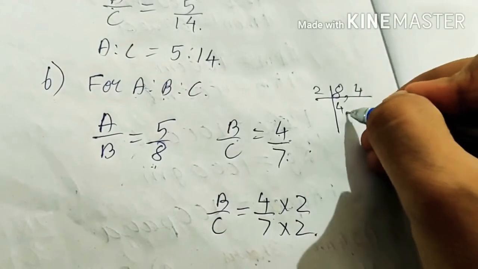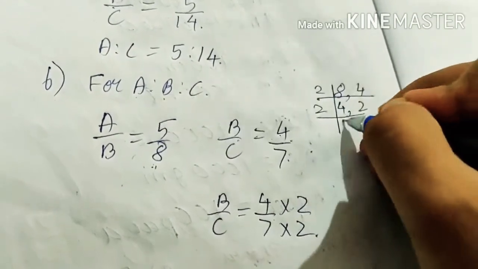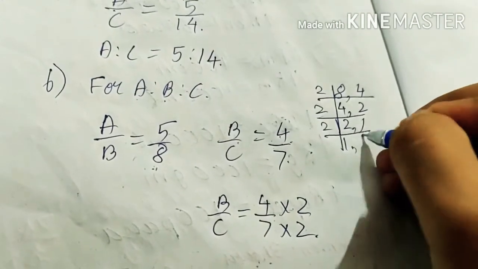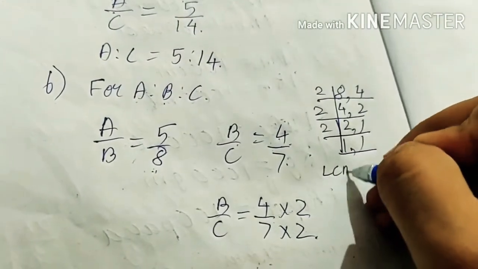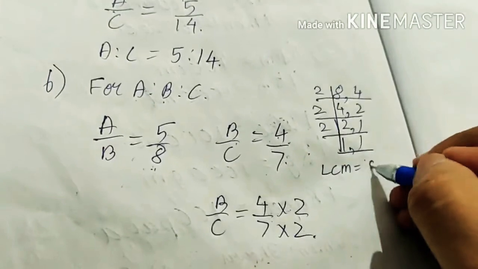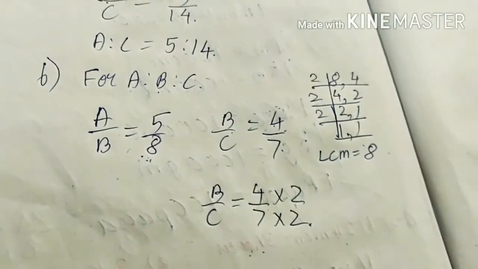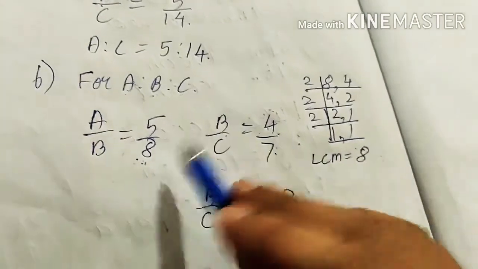2 2s are 4, 2 2s are 2, 1 2s are 1, 1. So LCM here is 2 into 2 into 2, 8. Means you have to convert both the B's into 8. How will you convert both the B's into 8?